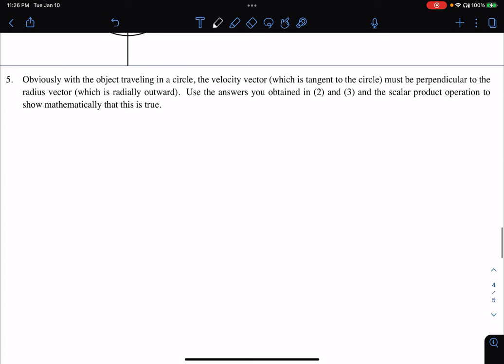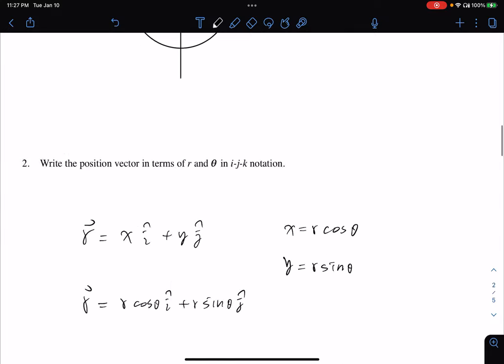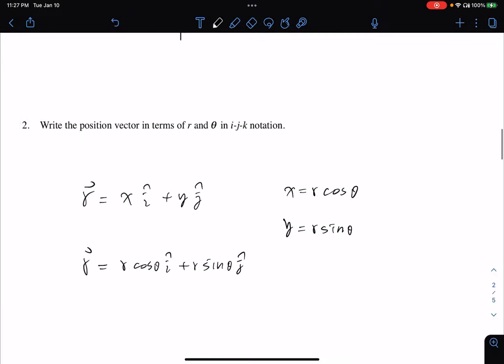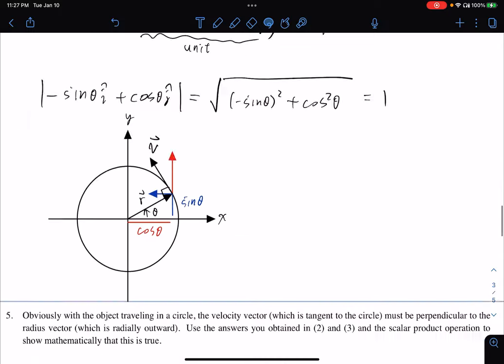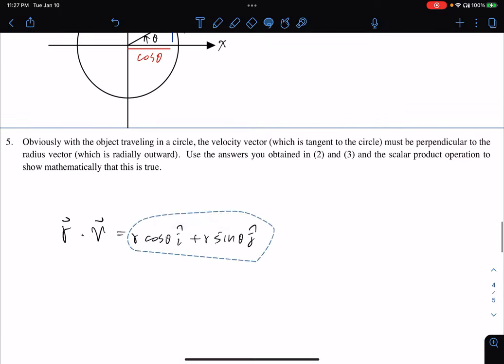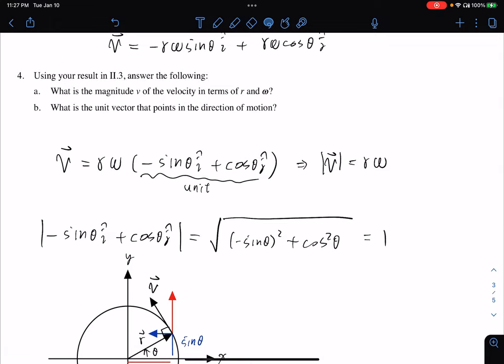Mathematically, we can do that. We can check that by computing the dot product between the velocity and the position vector. So the radius or the position vector is somewhere up here. And the velocity vector is something like we got here, which is this guy.